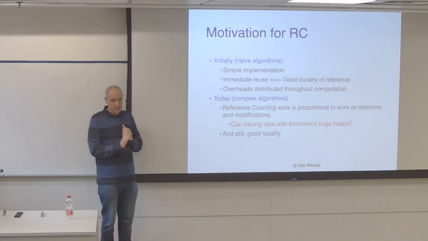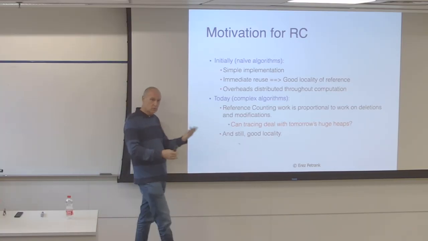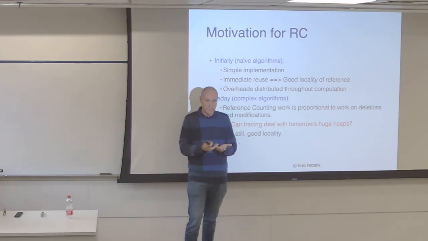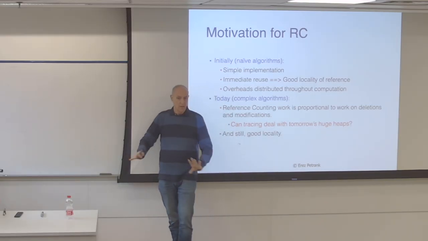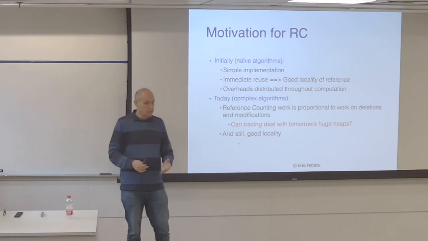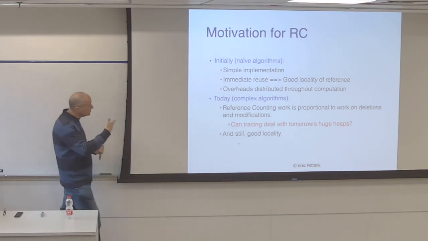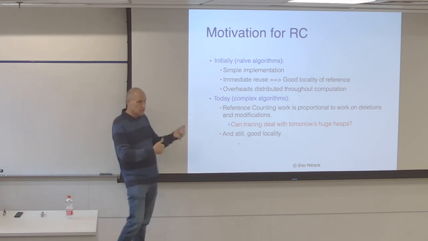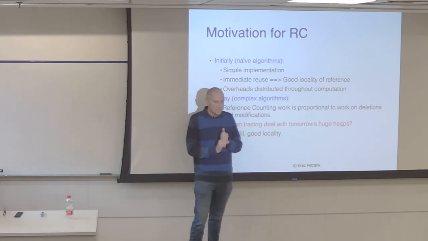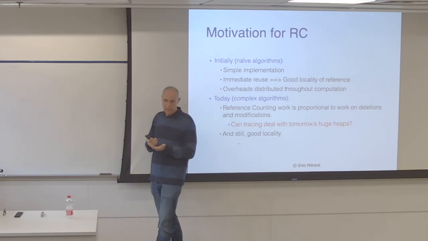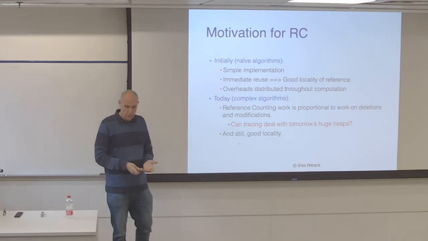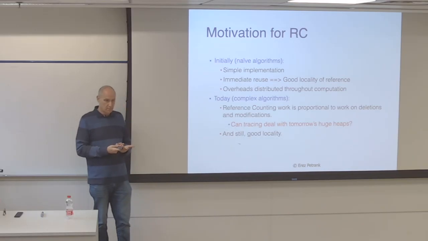Reference counting is proportional to how many objects you reclaim. It just goes through the objects you want to reclaim and reclaims them. Also, when you change a pointer, you have to do some work to update the reference count. So it's proportional to the amount of work that you do and not to how many objects you keep.